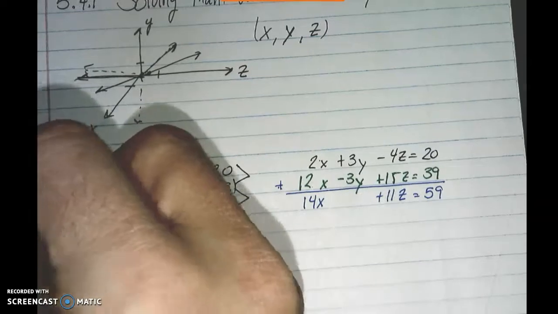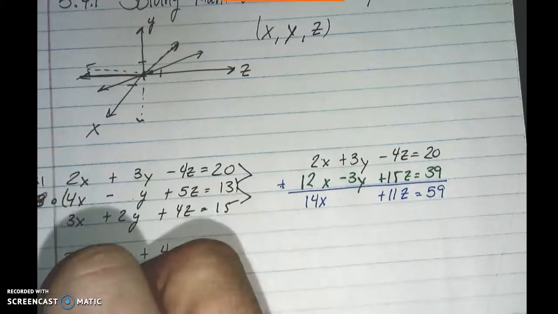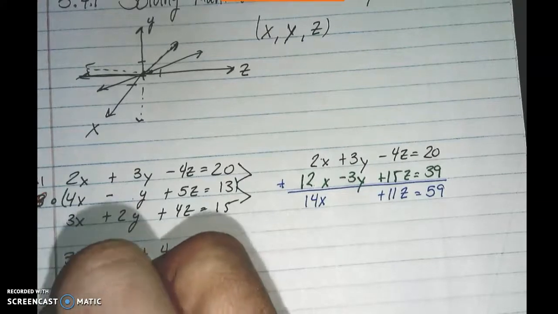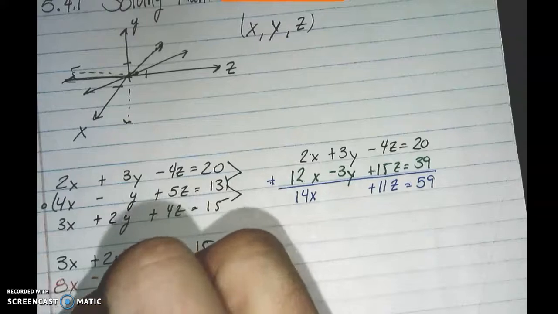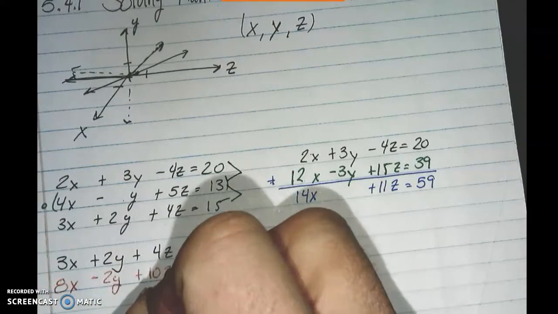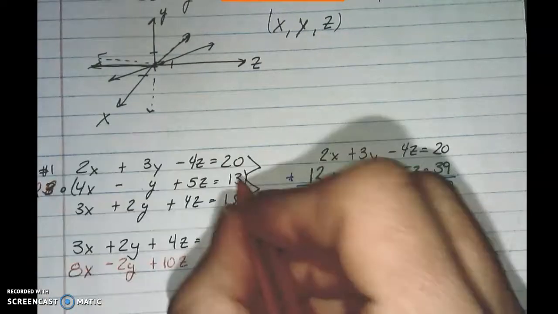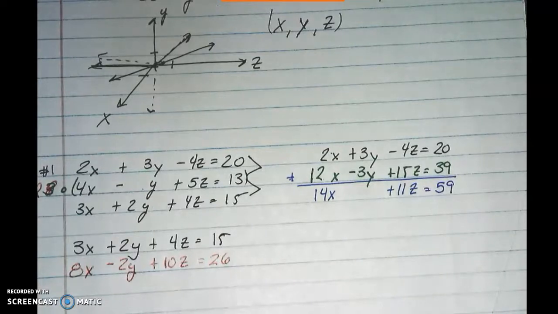Okay, so I'm going to scribble that 3 out. I'm going to put a 2 in front of it. So 4 times 2 is 8x. 2 times negative y is minus 2y. 2 times 5, 10z. 2 times 13 is 26, right?